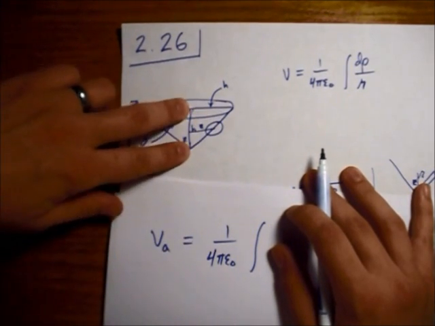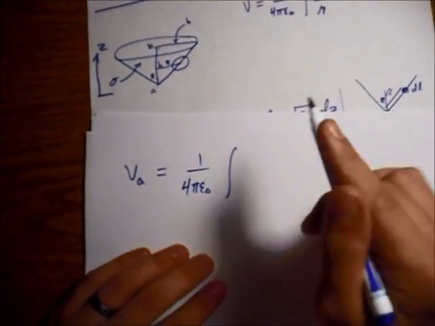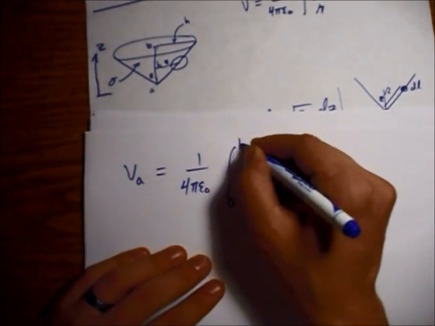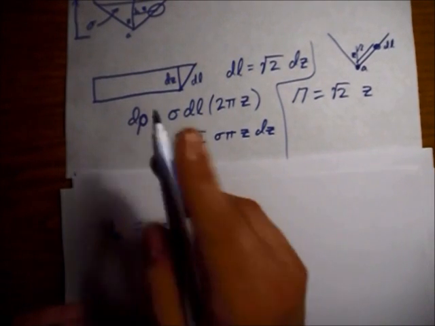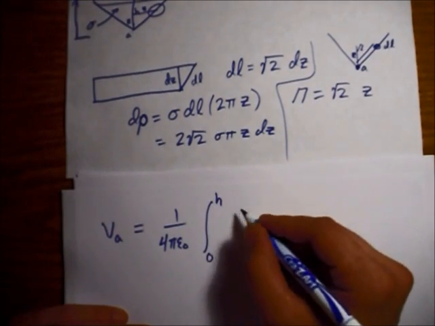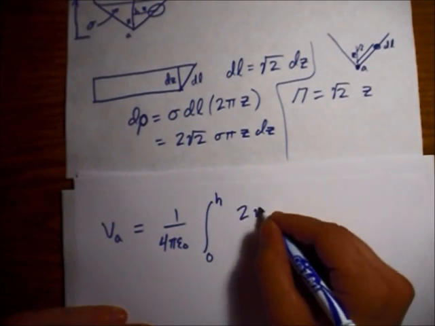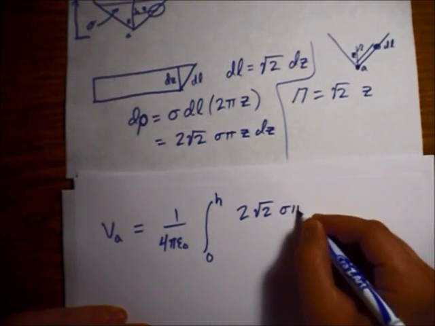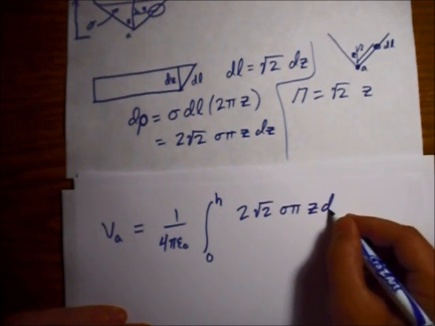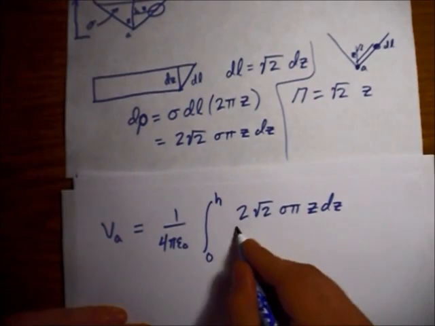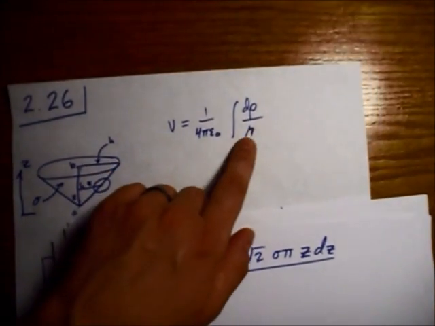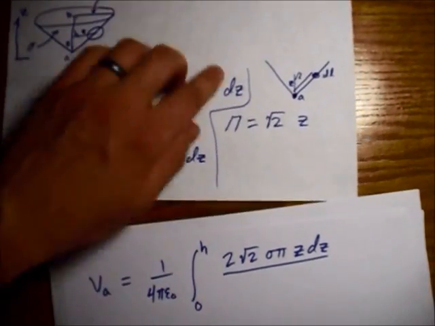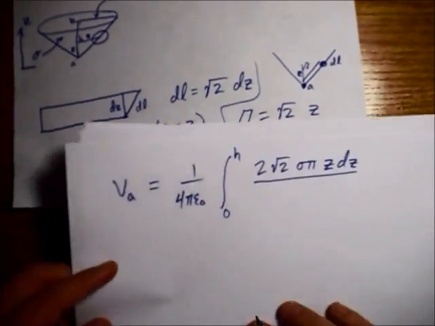The cone is height h, so we're going from 0 to h. Plugging in this d rho, we've got a 2 square root of 2 sigma pi z dz. Now we plug in our cursive r on the bottom, which we found was square root of 2 times z.